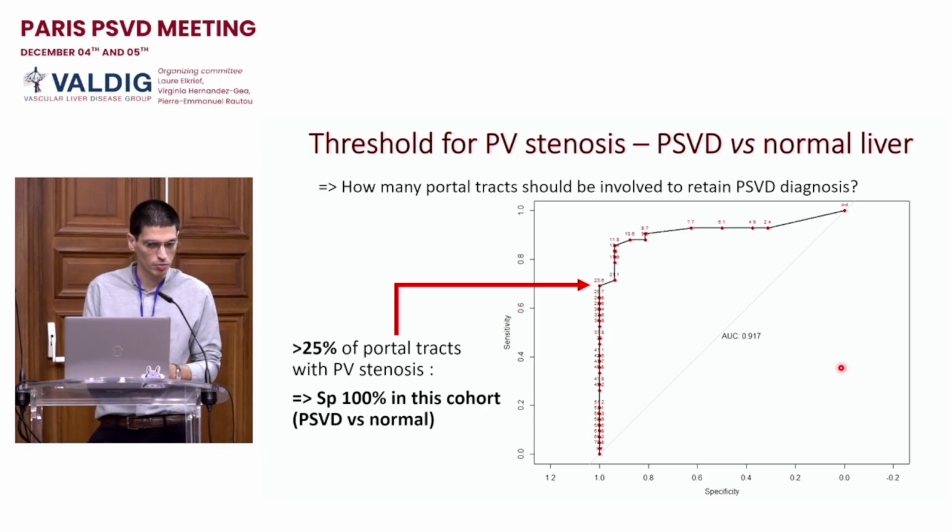So when comparing these two cohorts, the best performing ROC analysis shows a good area under the curve, 0.9. The best threshold, meaning the one with the best specificity, was more than 25% of portal tracts with PV stenosis. And in this cohort, the specificity was 100%. So it means 1 out of 4 portal tracts with PV stenosis.